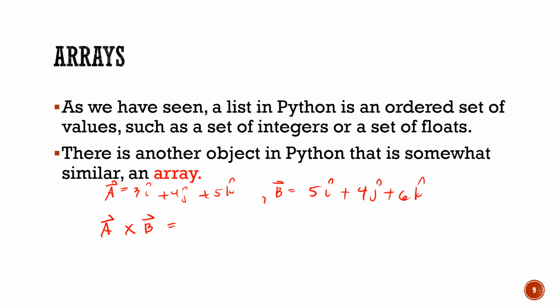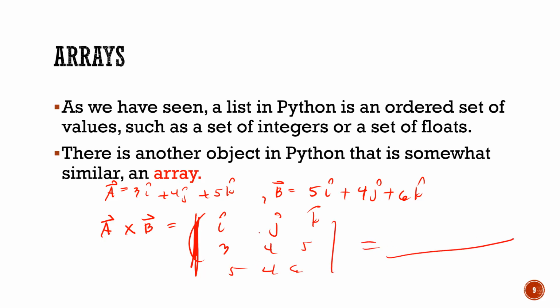And if you want to calculate A cross B, then you will use the determinant of i hat, j hat, k hat, right? 3, 4, 5, 5, 4, 6, and then you get the determinant, then you will get A cross B. You can also calculate the dot product A dot B by just multiplying 3 times 5 plus 4 times 4 plus 5 times 6, you will get the dot product.